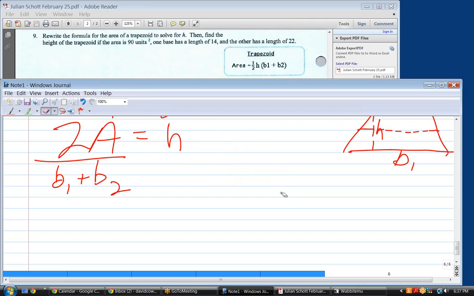Okay, now we can plug in everything that we see. So I'll write h on the left. Tell me what to write on the right.